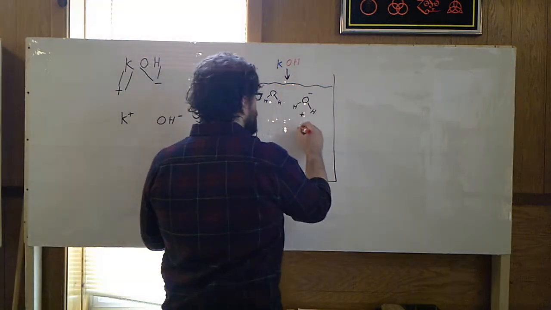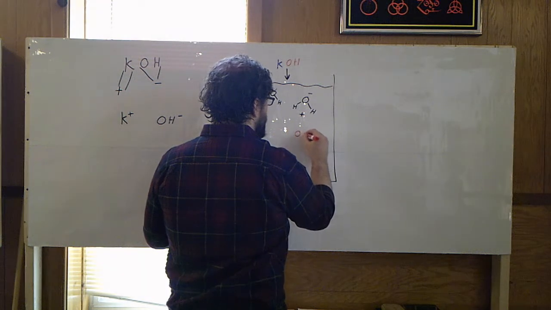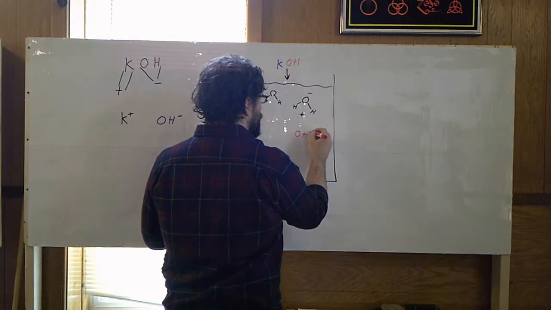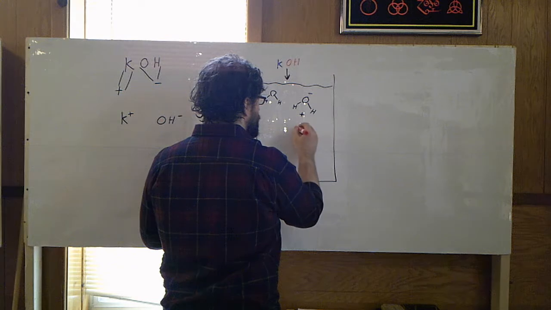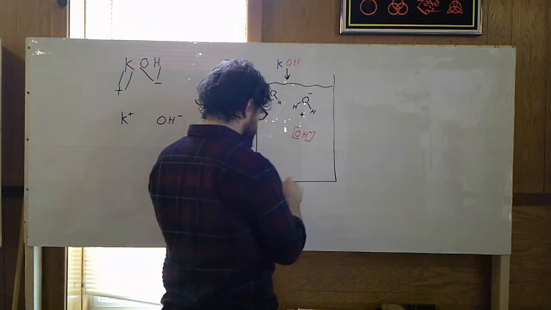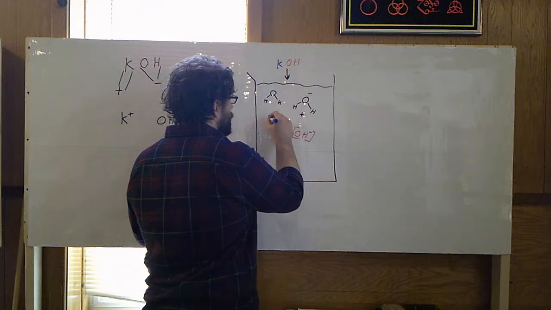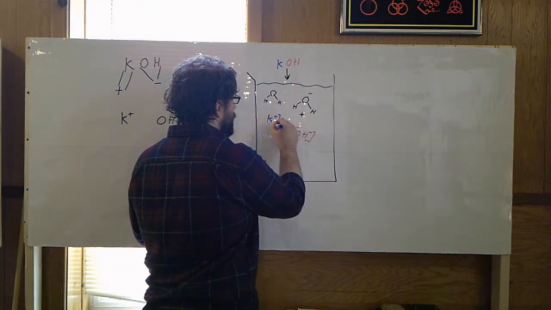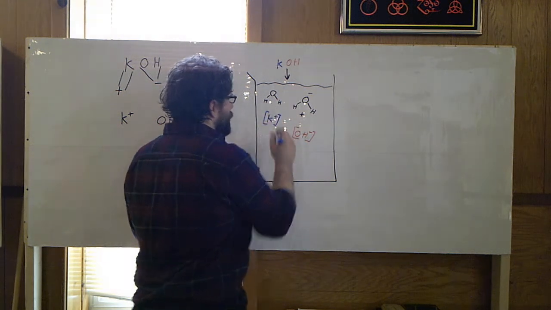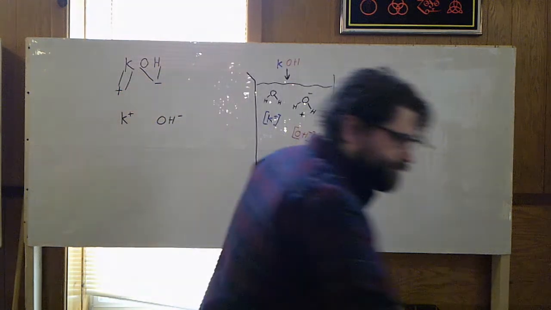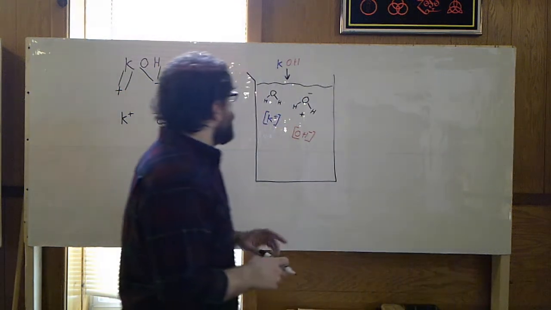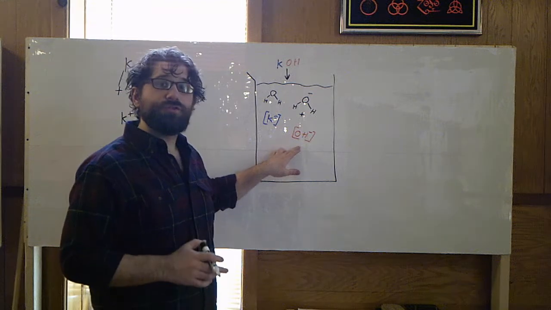So I'm going to put my hydroxide right here, and that's got a negative charge. I'm going to put a little box around it so we can give it a little barrier. And I'm going to have my potassium. Remember, that guy's got a little positive charge. So then my water molecules will surround that.